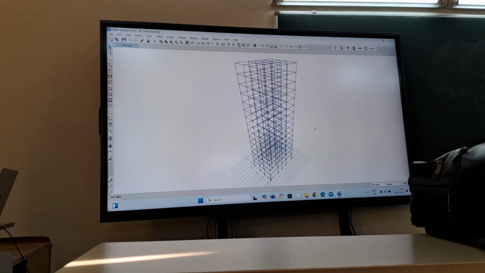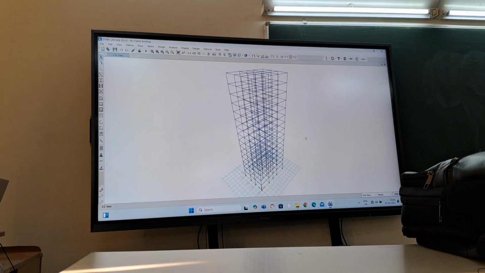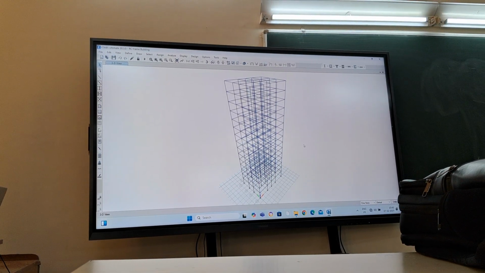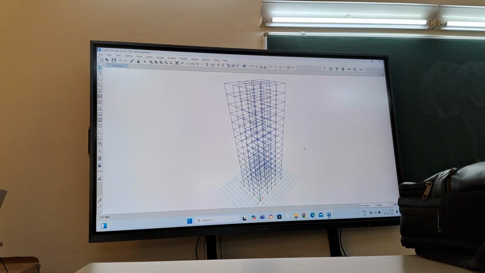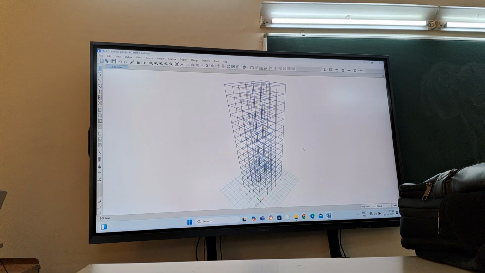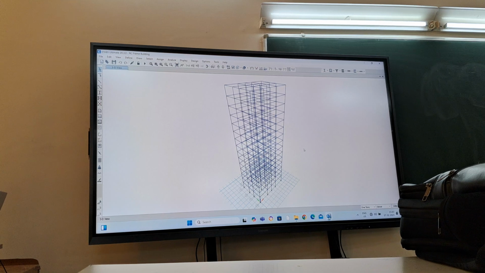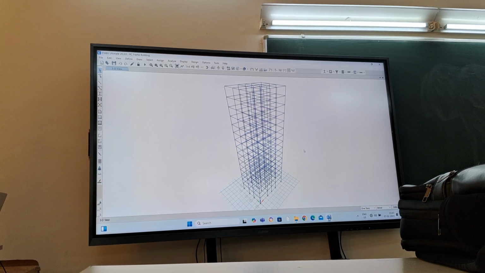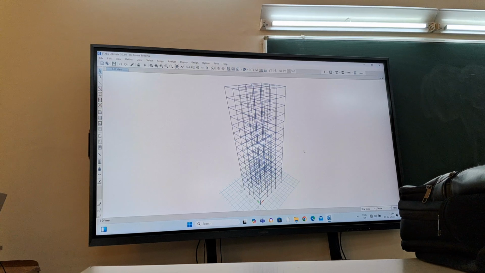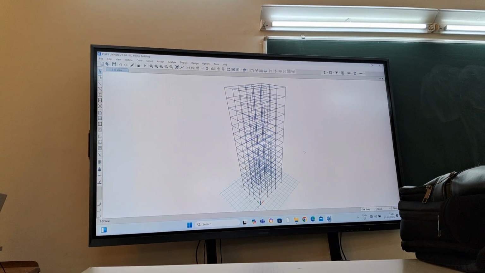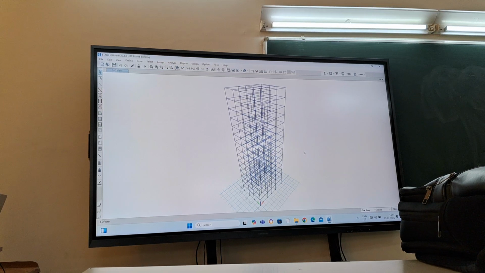If you get a situation like that, then you definitely have to cross check your model for why you are getting that. Maybe it is correct, but the possibility is less. In that case your response spectrum model would be stiffer than the static load case, which is not going to happen anyway. So if you are getting anything like that, then definitely you have to check the model properly.